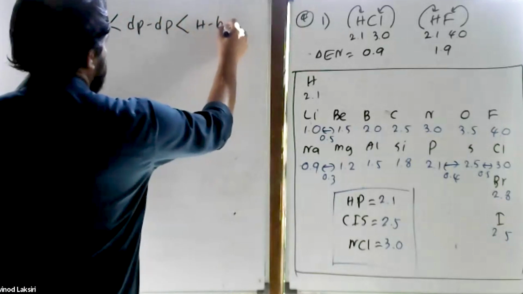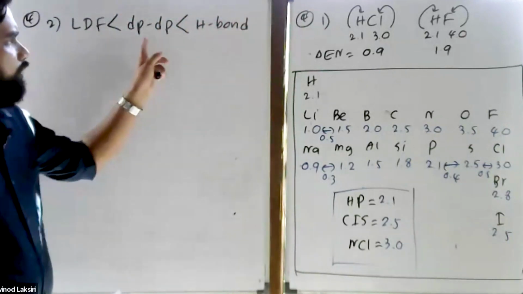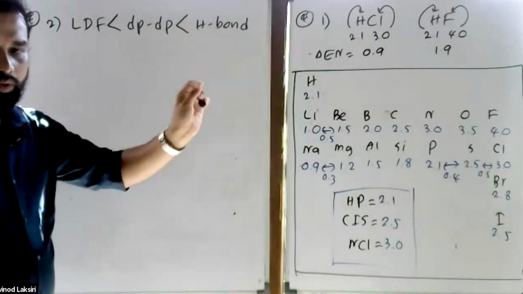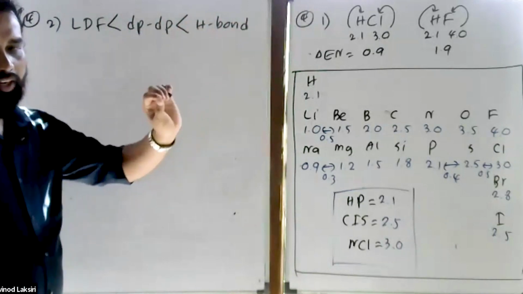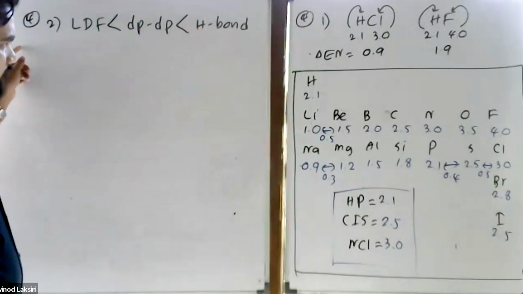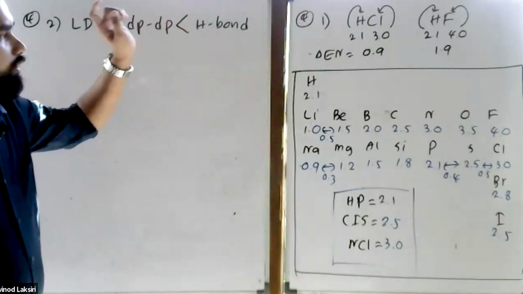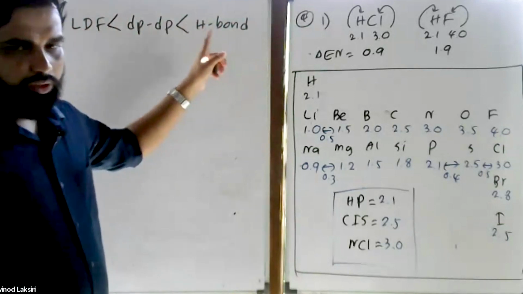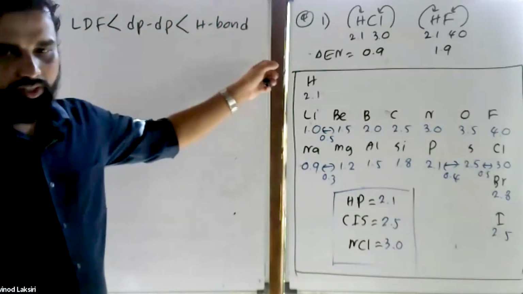So there are 6 types of secondary interaction: LDF, DP, hydrogen bonds, induced dipole, ion induced dipole, and ion dipole. Generally, in boiling point questions, they are given by using molecules having this type of interaction. Therefore, I will consider only these 3.